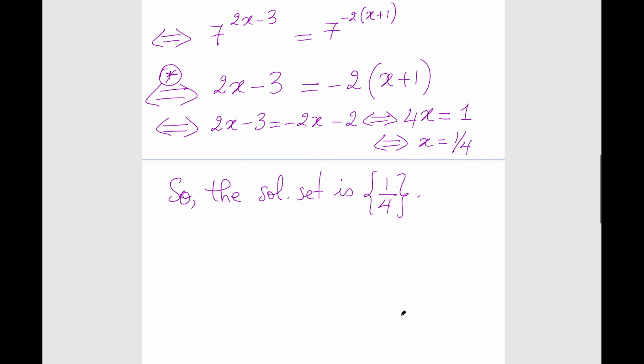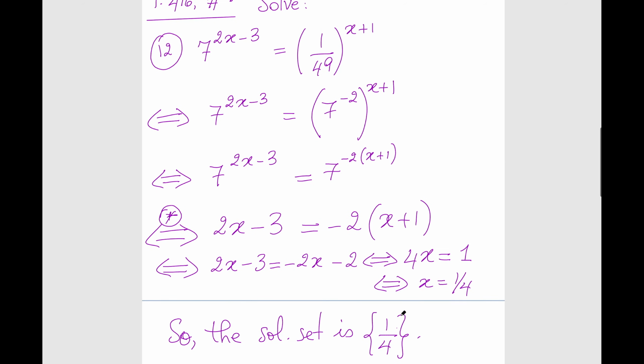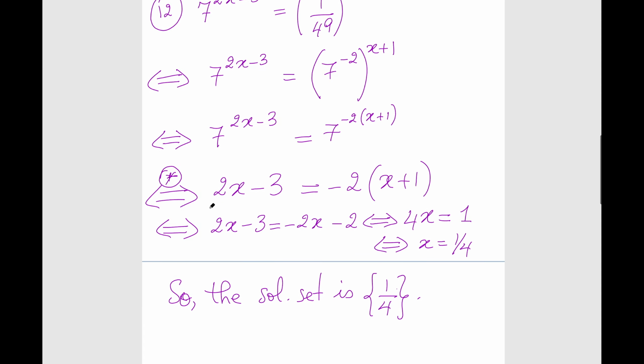What this means is if you take x to be 1/4 in this equation, you replace x by 1/4, the two sides must be the same. Not only that, that's the only value that does the job. This is the equivalence part. There's no more than this one.